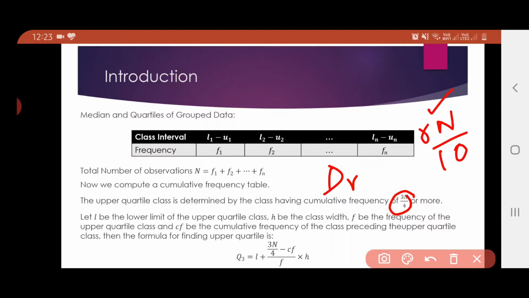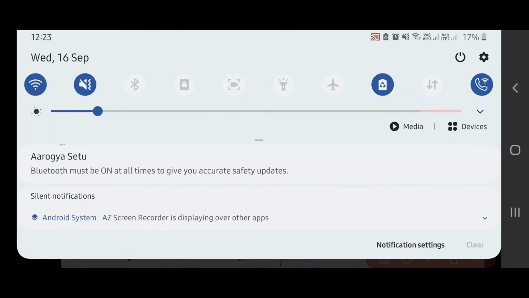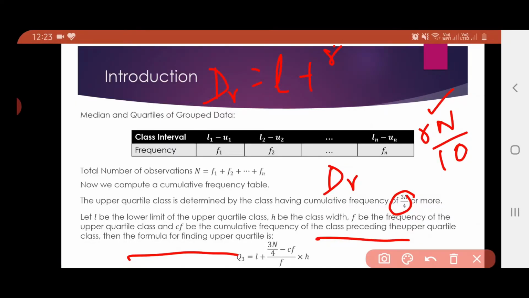And then we have to identify all these values, whatever f, Cf, L, and after that the Dr formula is going to become Dr equals L plus rn by 10 minus Cf by f into h.